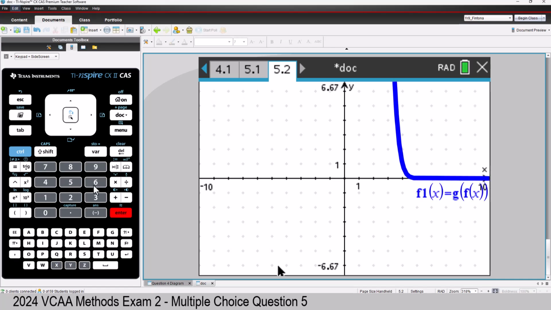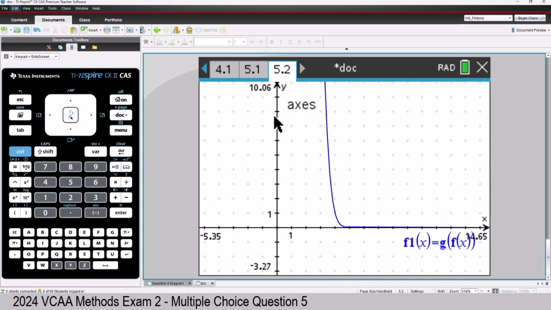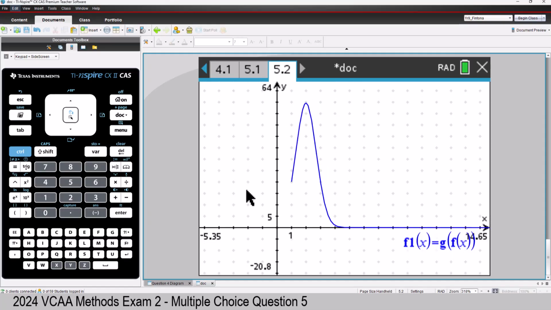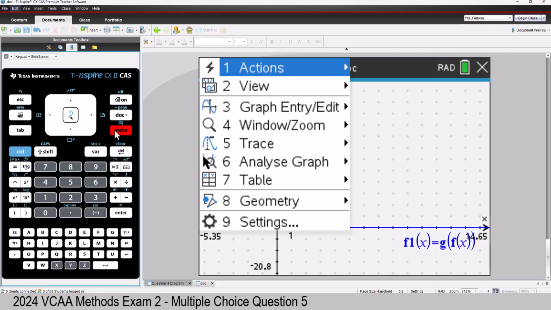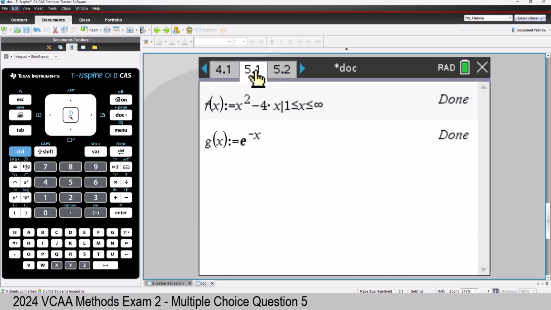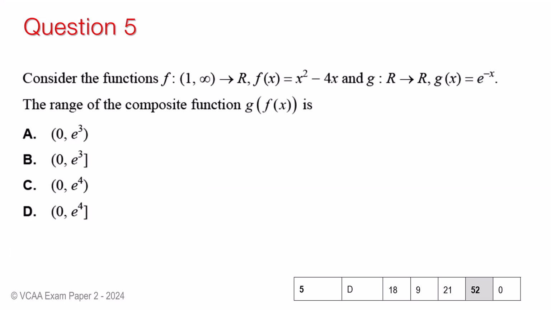You can change the window setting through the menu, or hold down the Shift key and just drag the y-axis. Calculate the maximum value. It's not super helpful given that the answers are provided as exact values, but it appears to occur when x equals 2. Substituting that in gives us e to the 4, and this value is included. I could check the minimum value, but all four options have the same minimum value, so our answer is D.